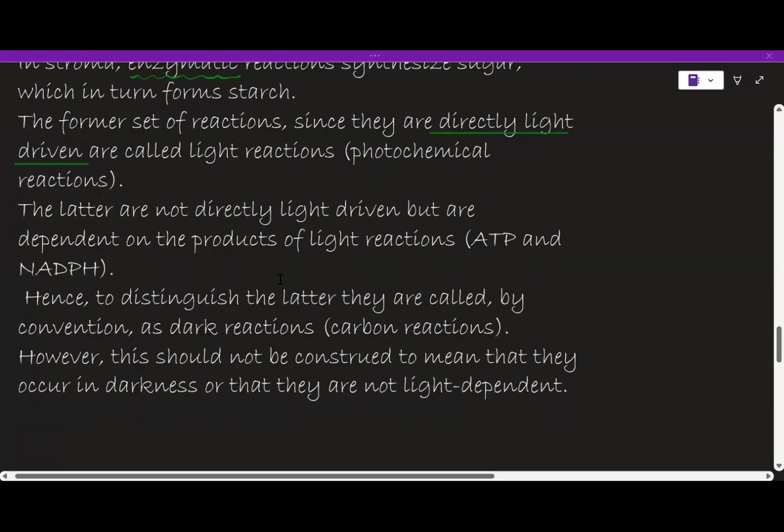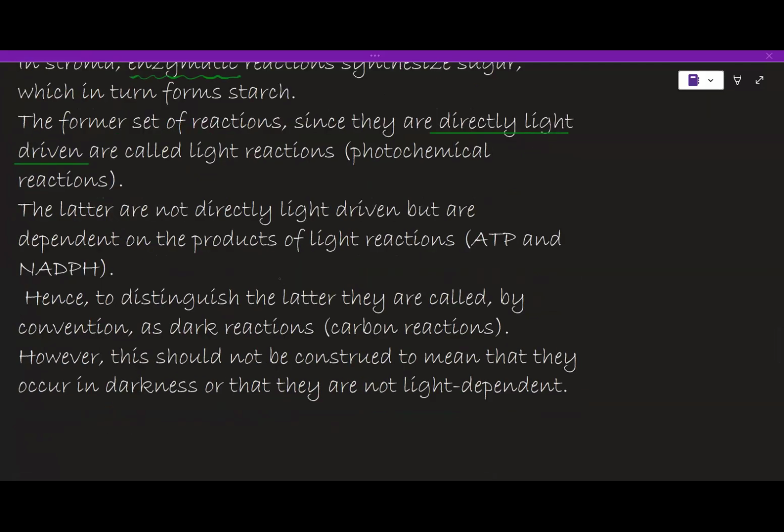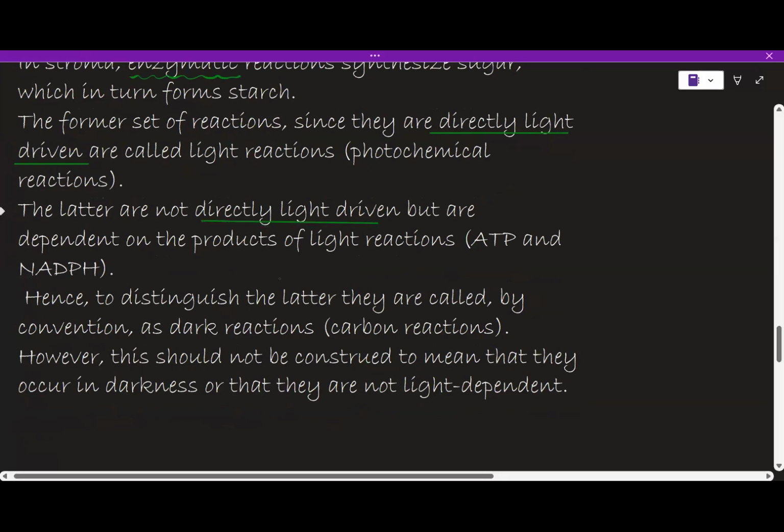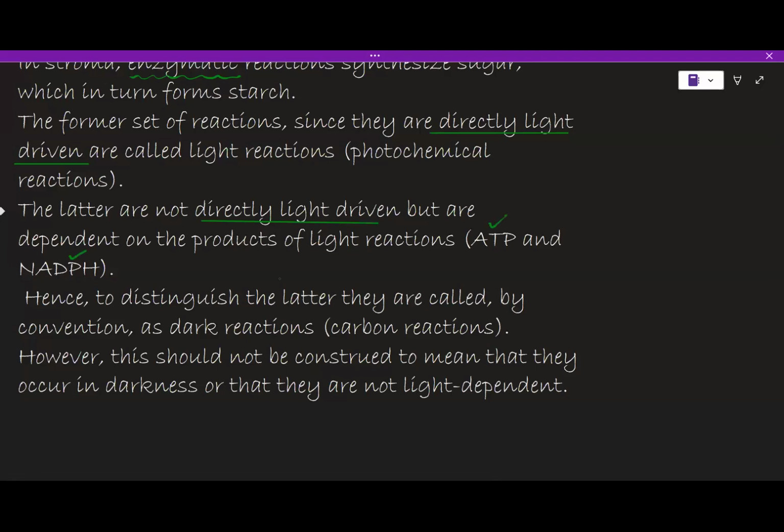Now moving forward, the second part, which we are referring to as the dark reaction. It's not directly light driven, but it is 100% dependent upon the products of the light reactions, that is the ATP and NADPH. That is why they are called the dark reactions, or the biochemical reactions, or the carbon reactions.